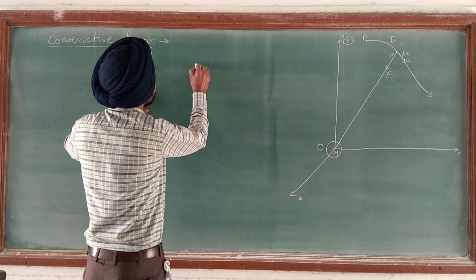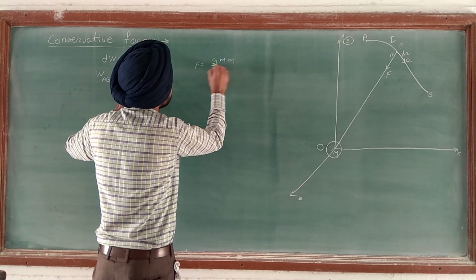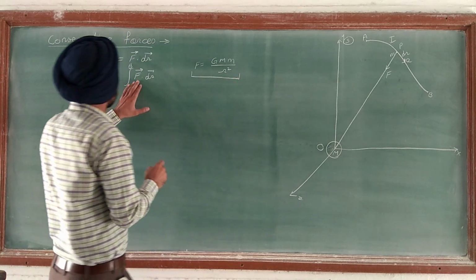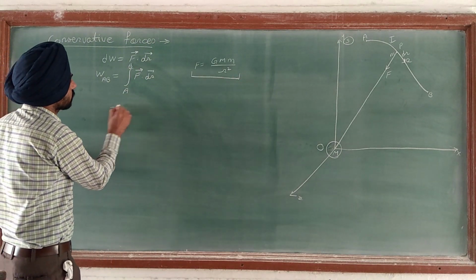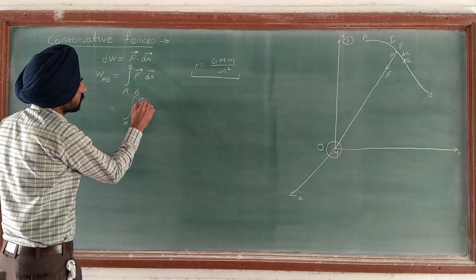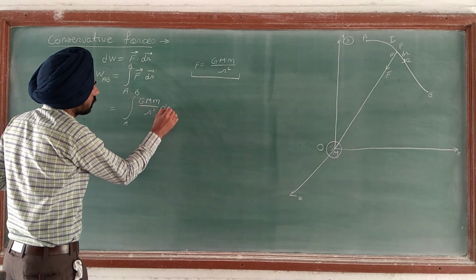We know F is equal to GMm upon r square, as you have already studied in your junior classes. Using this value, we get the integral from A to B of GMm upon r square into dr.